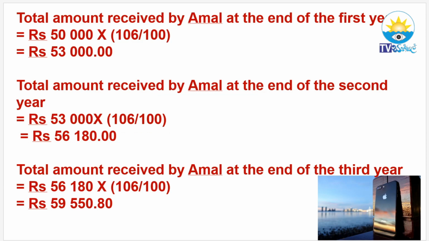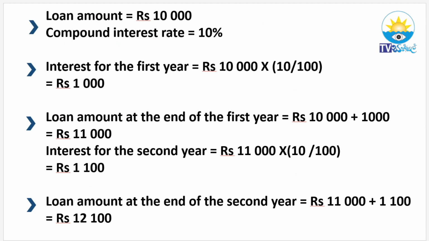Total amount received by Amal at the end of the first year. Let's see step 1. The amount directly you can calculate as in this example. As in my previous explanation in the previous slide, I would like to show you it again. Look at this slide.